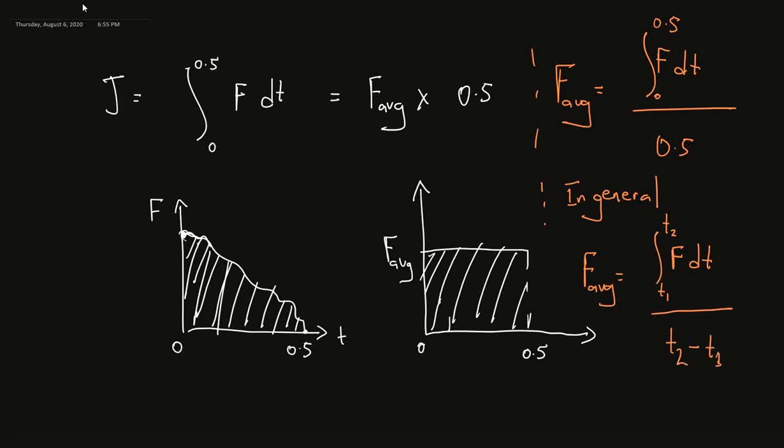Which is precisely what we did over here, where the time interval was between 0 to 0.5. Well, we know the result of this integration just because we know the change in momentum, right?